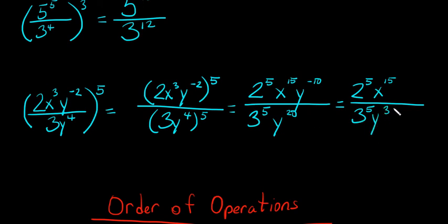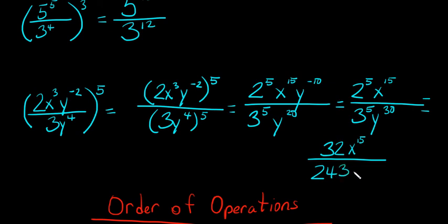All right, let's go ahead and work out these. So 2 to the 5th, very quickly, is 32. X to the 15th. And 3 to the 5th is 243. Y to the 30th.